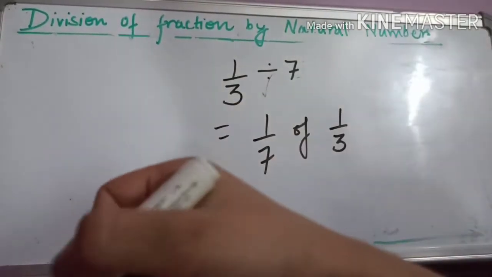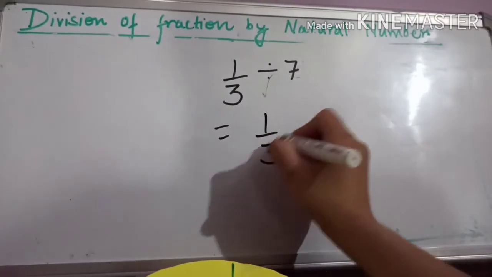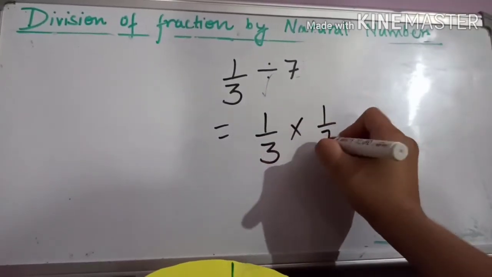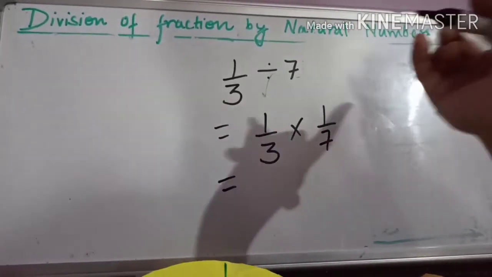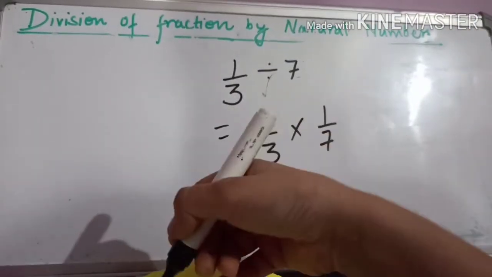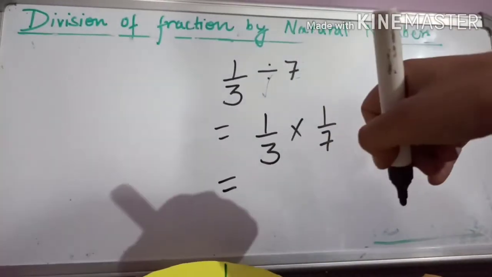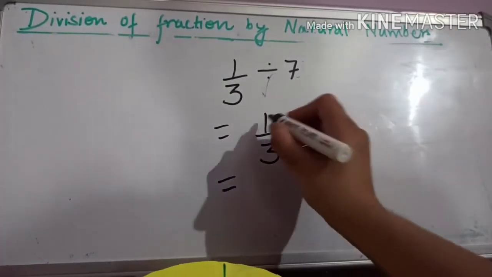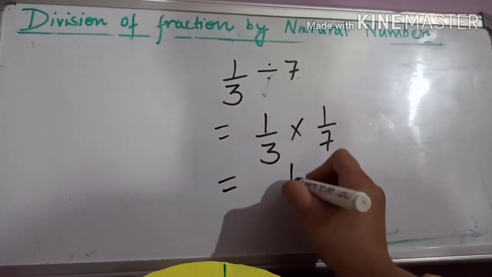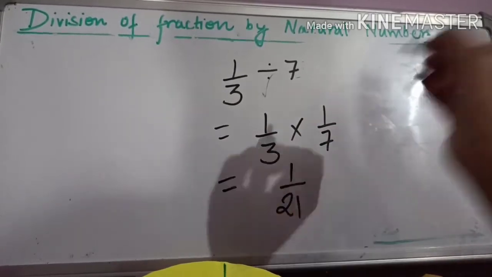Or we can say 1 by 3 multiplied by 1 by 7. So 1 by 7 of 1 by 3rd, like we did 1 by 2 of 1 by 4, that is half of 1/4 part. Similarly we will do 1/7 of 1/3. So we'll multiply the numerators, 1 1s are 1, and the denominators, 3 7s are 21.